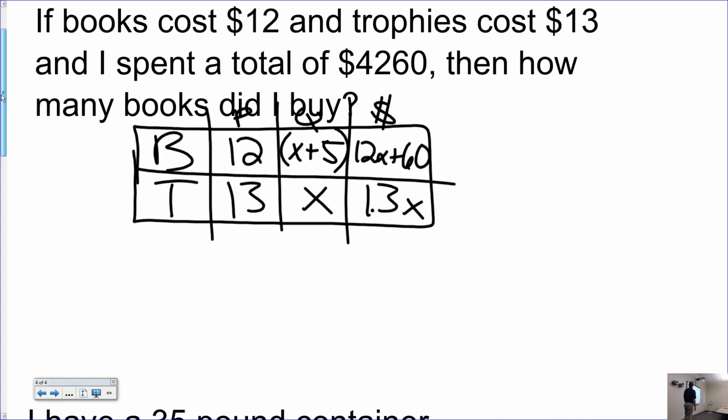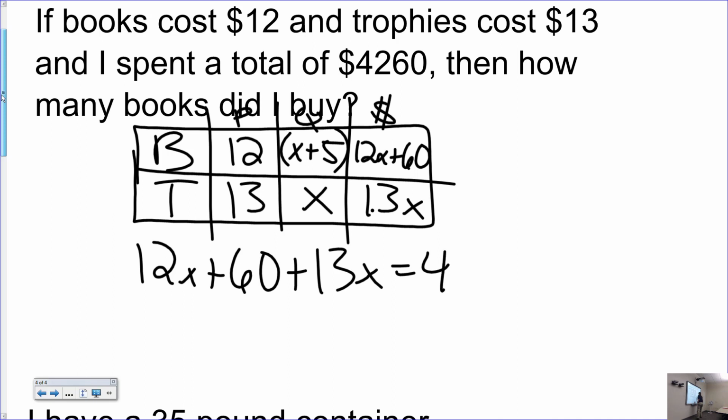What is the math, folks? Yep, add the money up. The money for books and trophies has to add up to the money that I told you. 12x plus 60 plus 13x has to be 4260. Okay? Math is always show me the money.